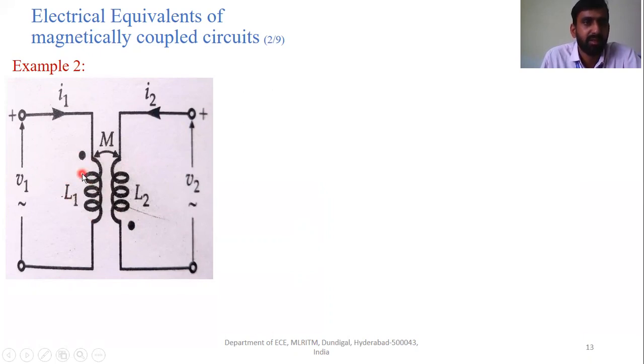So if in one coil the current is entering through the dot, and in the other coil the current is leaving through the dot, that means here the mutual inductance is negative. The mutual inductance is going to be negative.